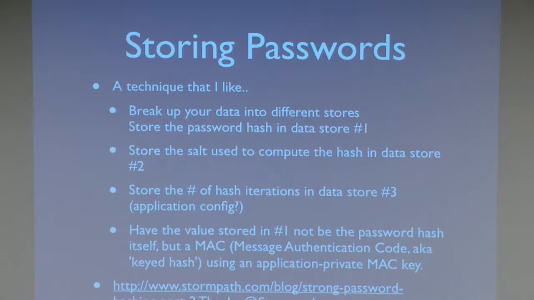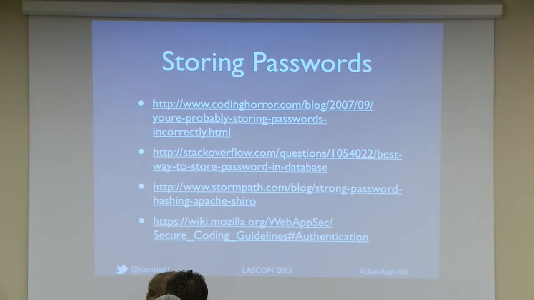So you put your hash in one store, put your salt in a different store, put the number of iterations in store number 3, and then if an application is accessing it, you can put the MAC in a different place. All this is doing is, if one of your databases is compromised, the person is not getting all the different pieces to figure out the logic behind how that password might be hashed. So it's an interesting way of approaching the same problem, and it makes things harder from a hacker perspective.